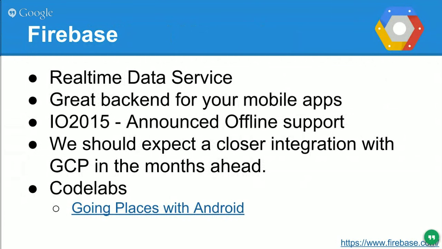And my gut feel says that as we move forward, there should be more and more closer integration where once your data is in Firebase, it could integrate with some other GCP infrastructure services to do the next set of processing. But nothing stops you from doing that now.